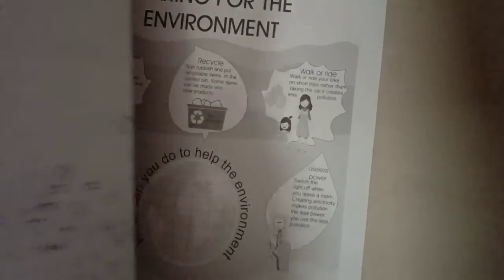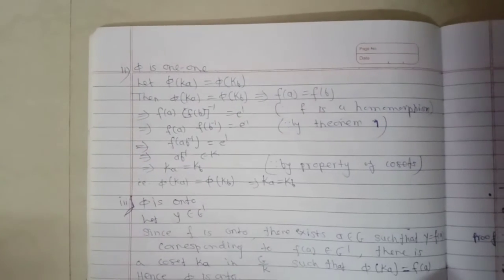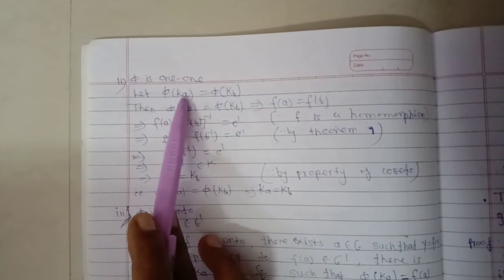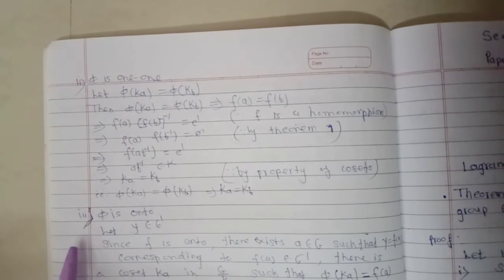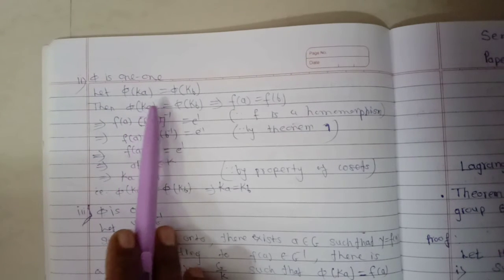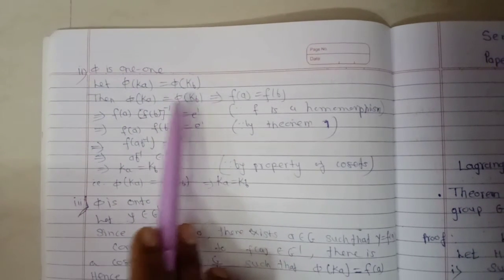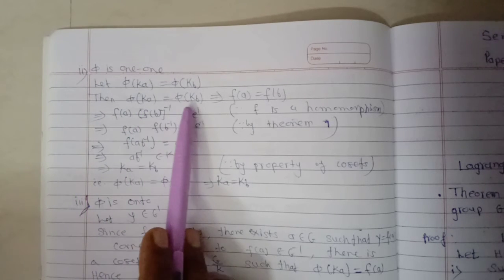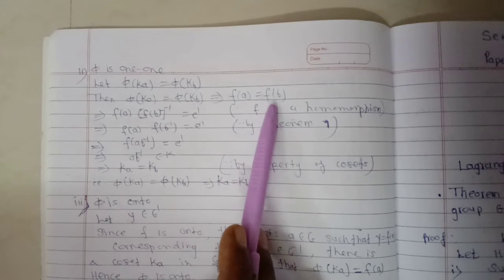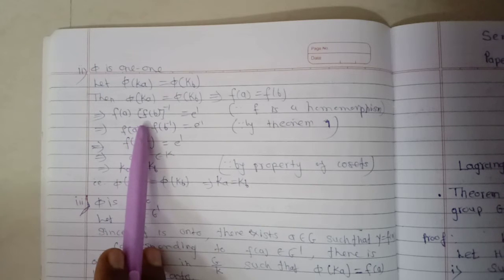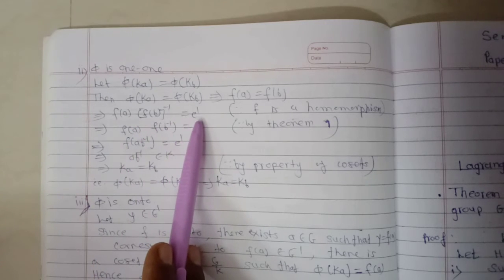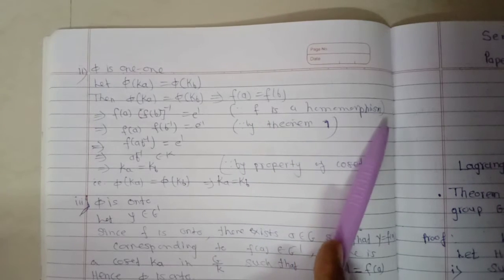Now we consider the second proof: phi is 1-1. To prove that phi is 1-1, let phi(Ka) = phi(Kb). Then this implies f(a) = f(b). And this implies f(a) [f(b)] inverse = e', since f is a homomorphism.